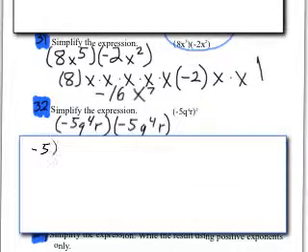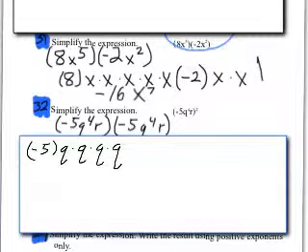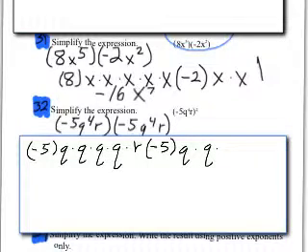Negative 5, that's times q times q times q times q times r. And then again we have negative 5 times q times q times q times q times r.